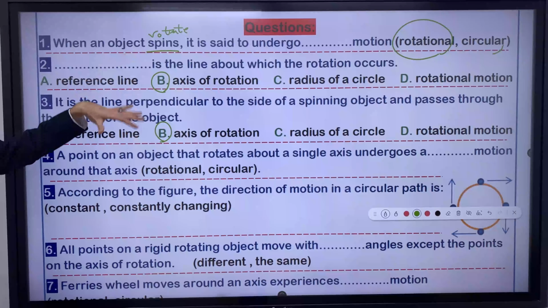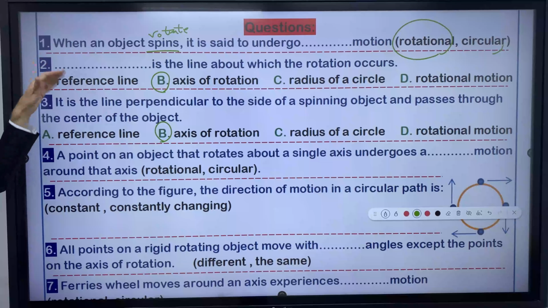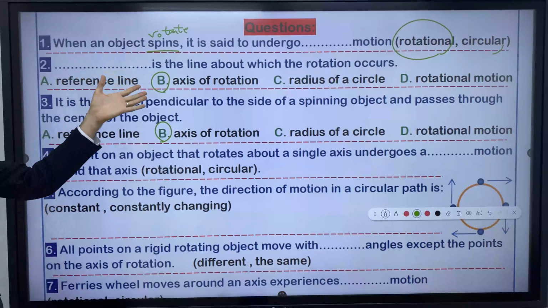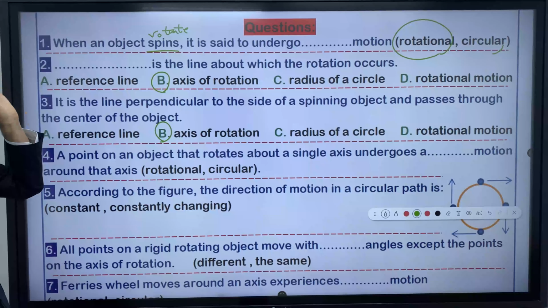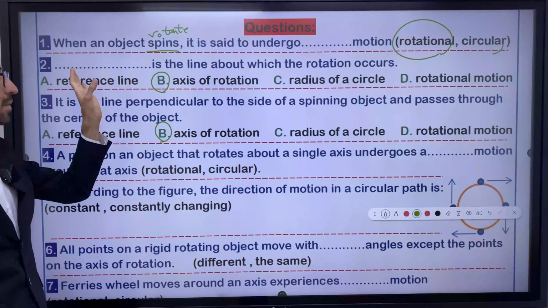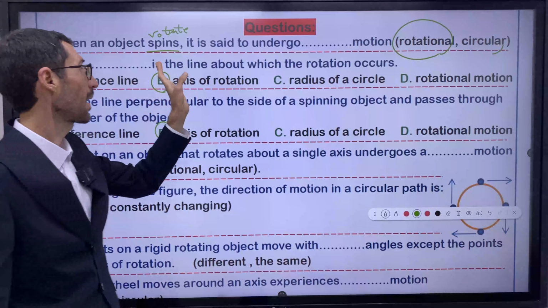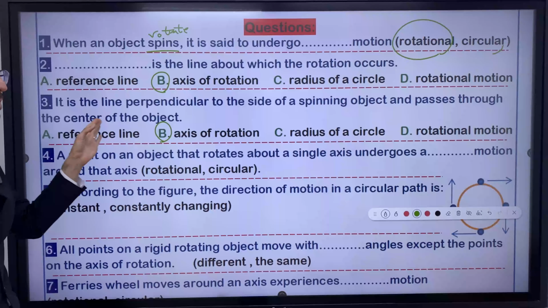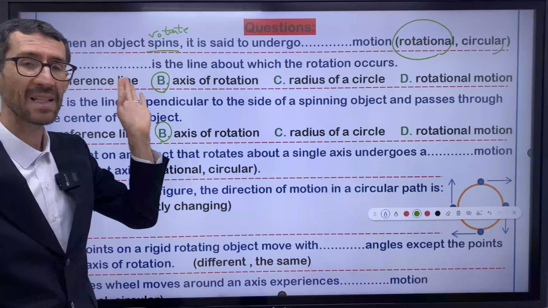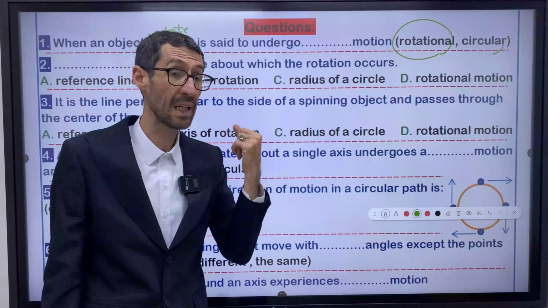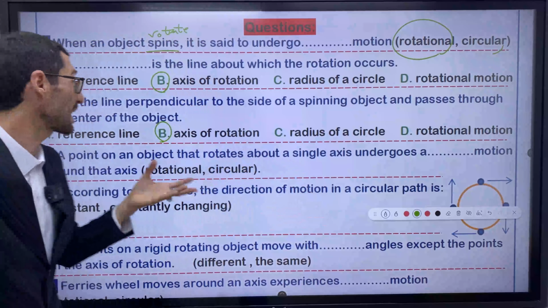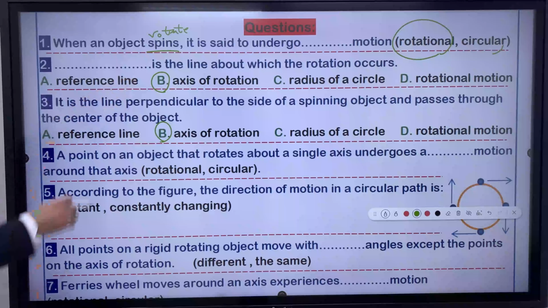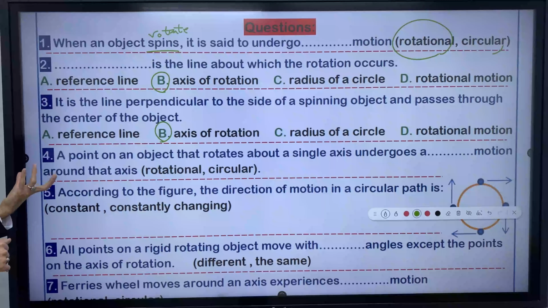So the answer to questions 2 and 3 is the same, right? It has 2 definitions. Whether you say axis of rotation is the line about which the rotation occurs, or a line perpendicular to the side of the object that passes through its center, it doesn't matter. It's the same. The answer is one thing, which is axis of rotation.